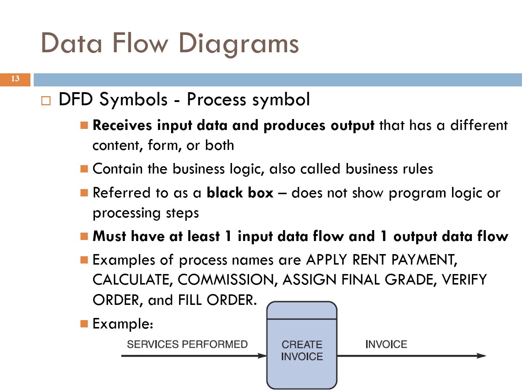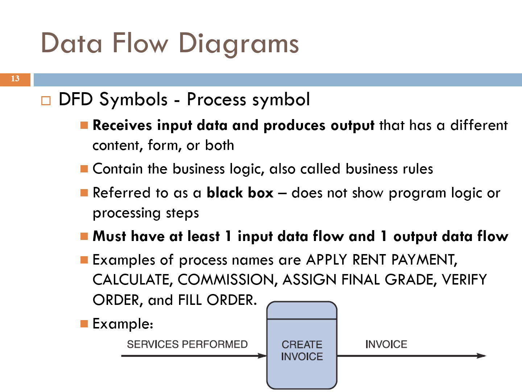The process symbol can have data input and data output. The process can be a black box. It does not show the program logic inside the process, but it shows what data comes in and what data goes out.